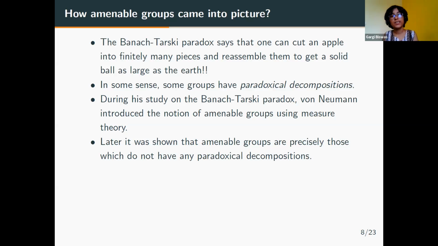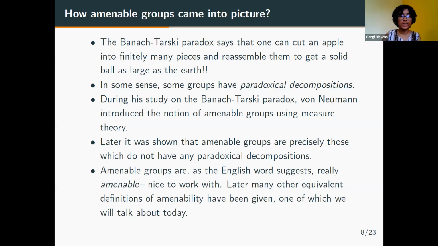So in some sense, amenability is a nice property, as the English word says, that they're nice to work with. Later, many other equivalent definitions of amenability have been introduced, one of which we will talk about in this talk in terms of Johnson's theorem.